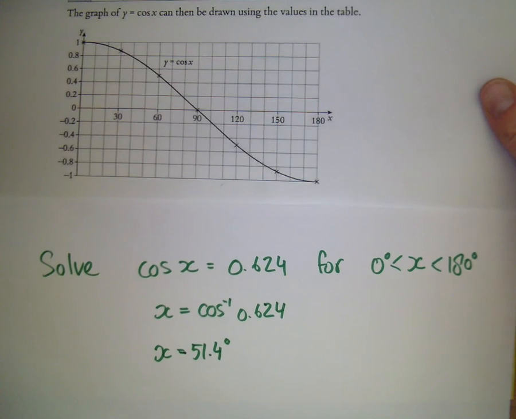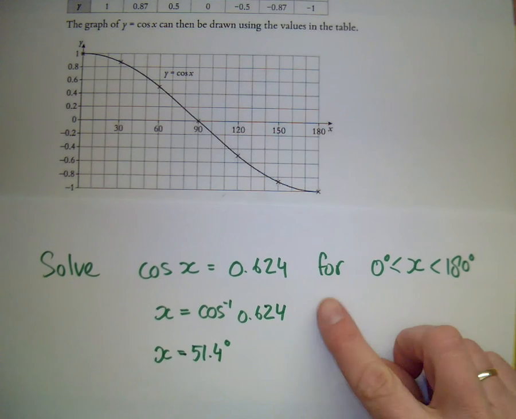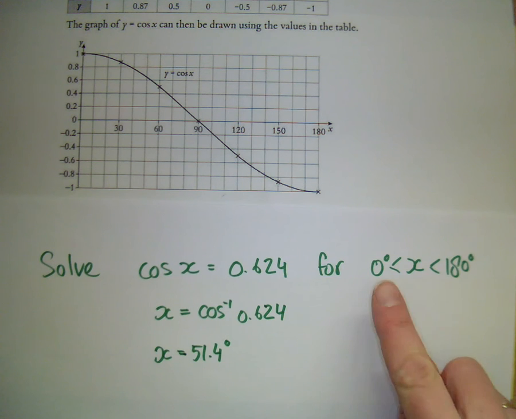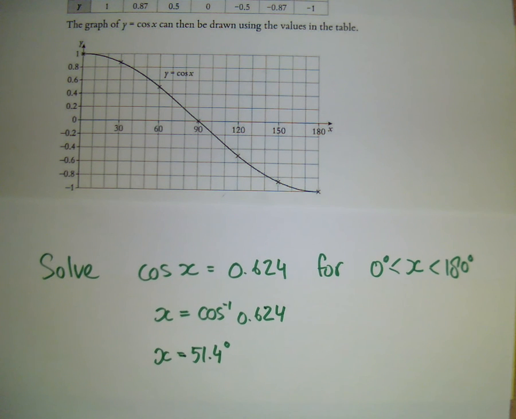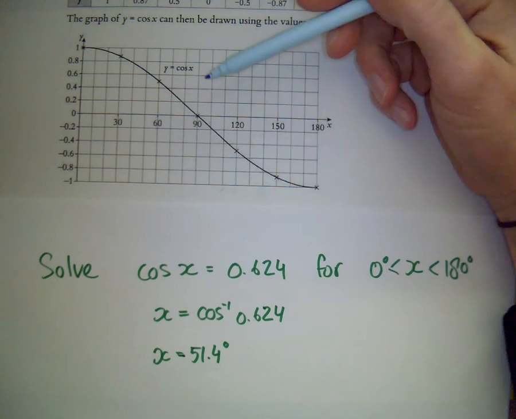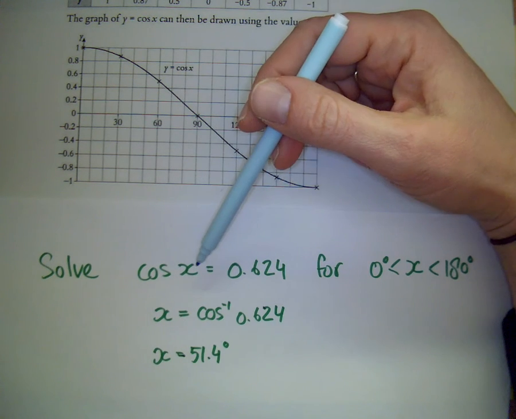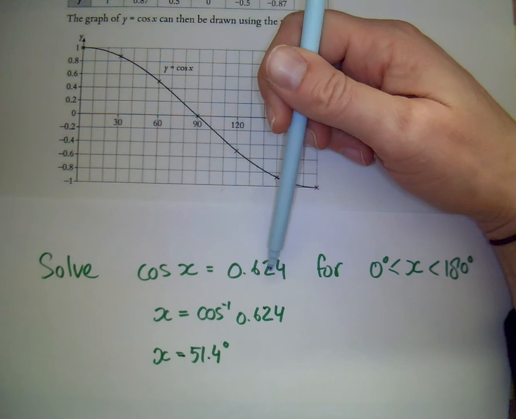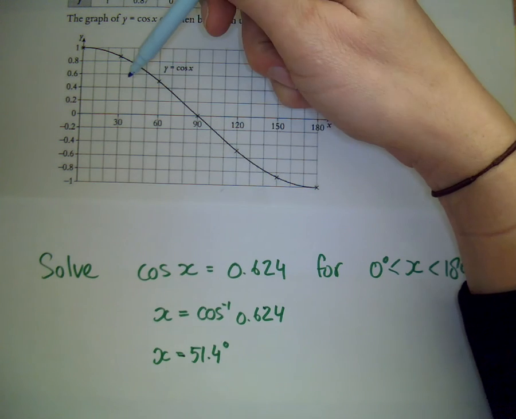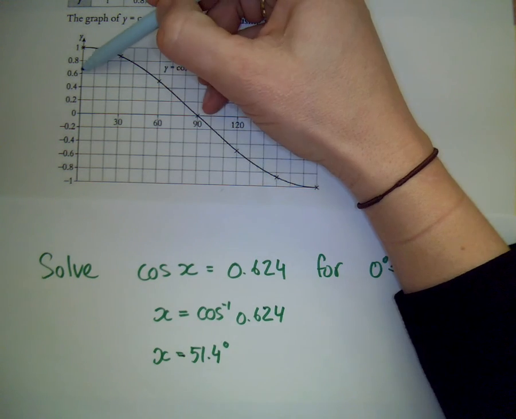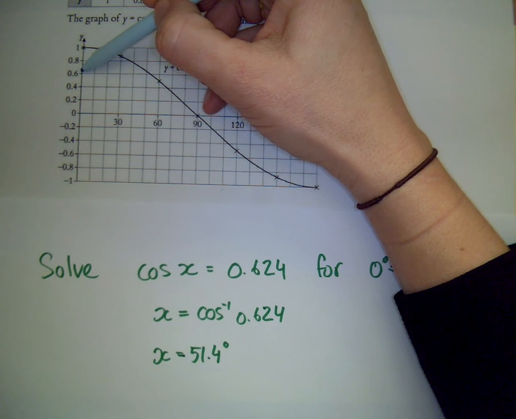But we haven't forgotten what happened with our sine graph in the other problem. We're looking for any possible answers between 0 and 180. So let's look at the graph and see. Okay, so cosine of x was 0.624, which would be a little here.